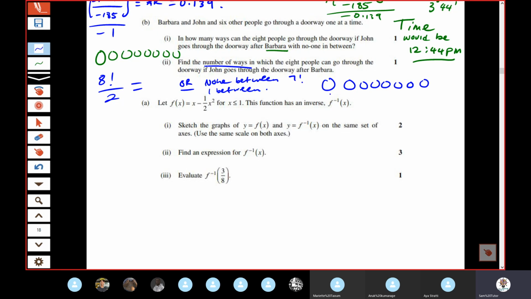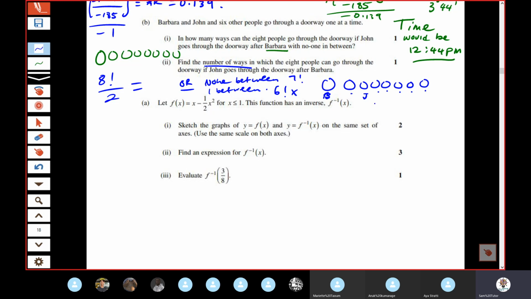If there's 1 in between, then B's there, J's there, or B's here, J's here. You get the idea? Let's start from the beginning and then we'll multiply. So if I said 1 in between, there and there, you've got 6 factorial left. So 1 between would be 6 factorial times.